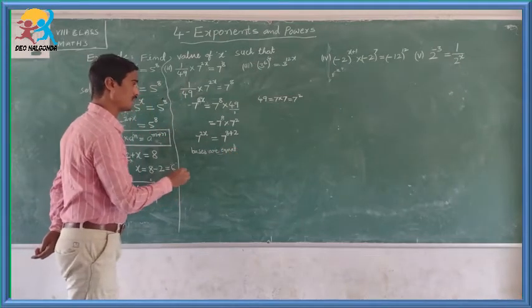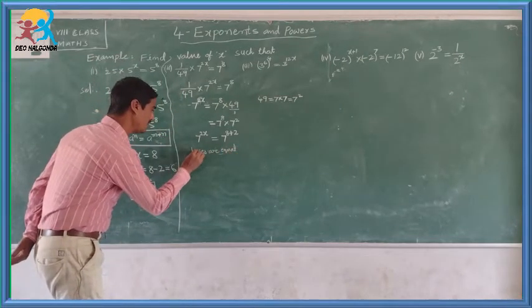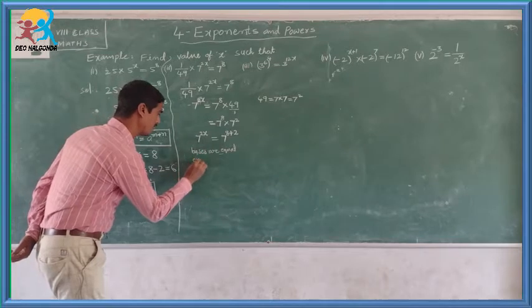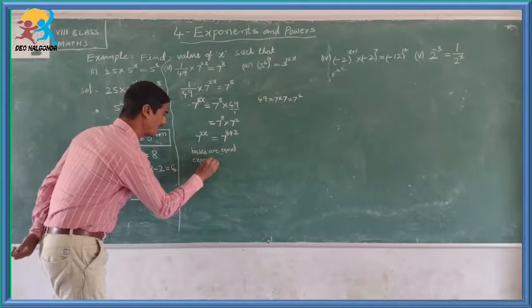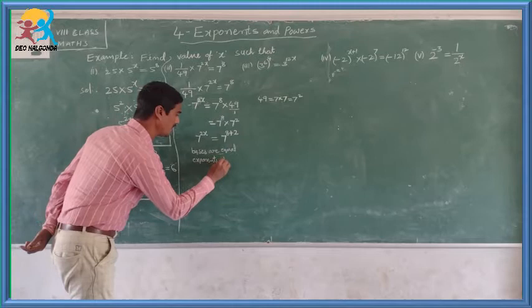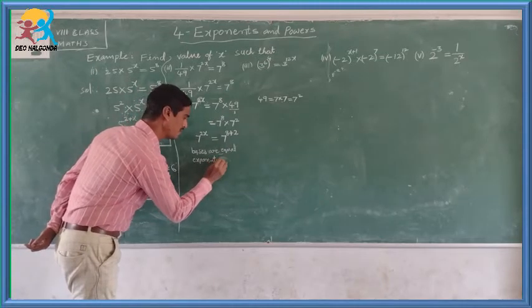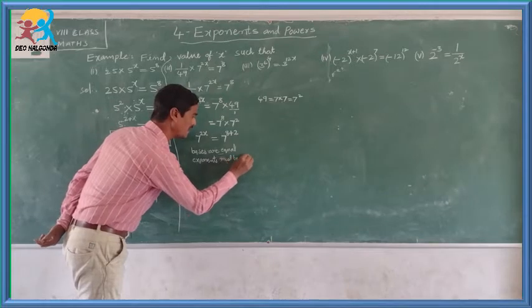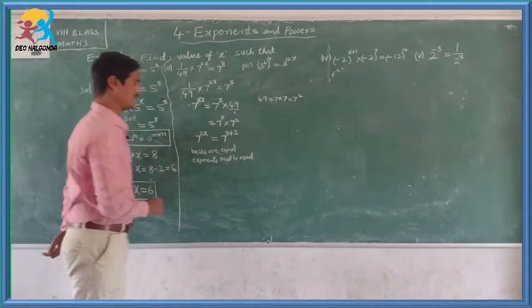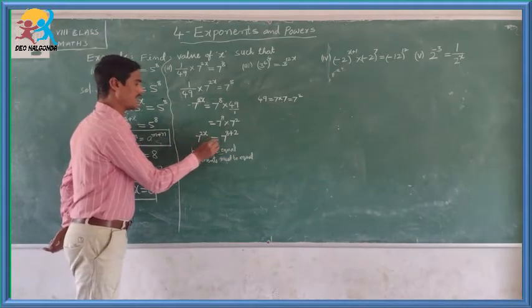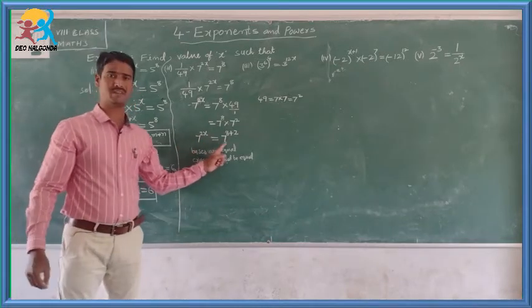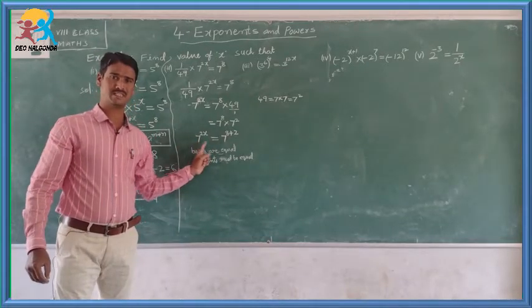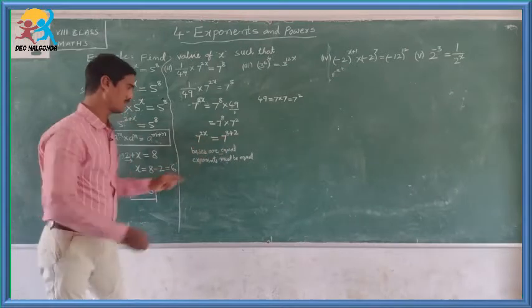Then the exponents should be equal. So dear children, when there is an equal sign between two powers with the same bases, the exponents must be equal.